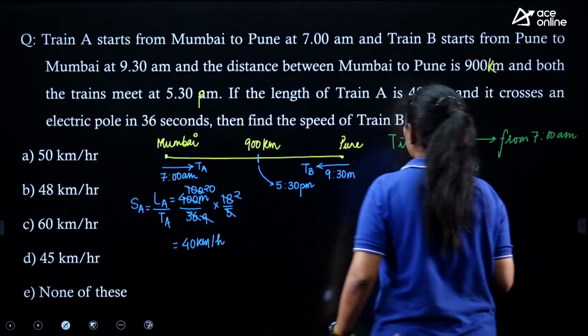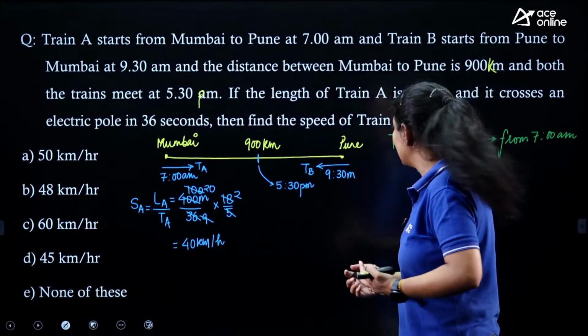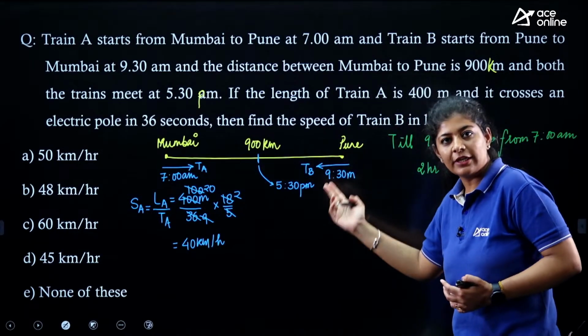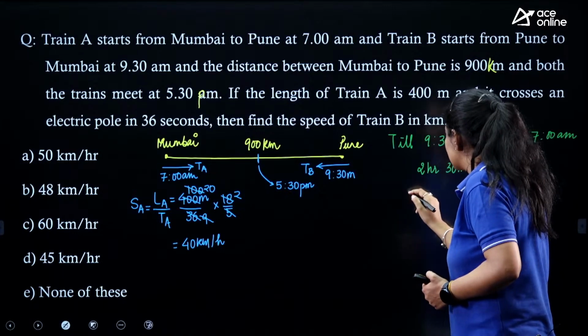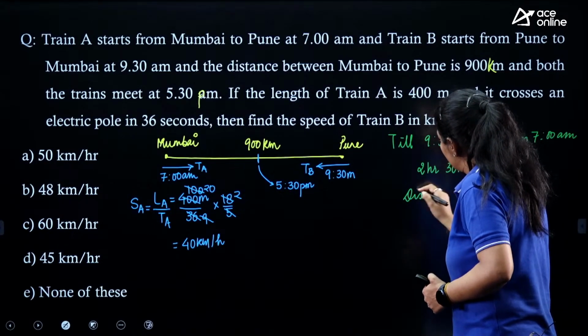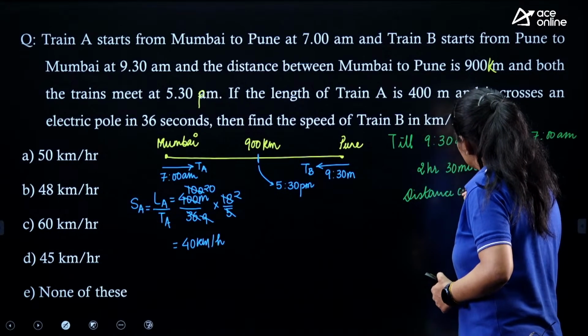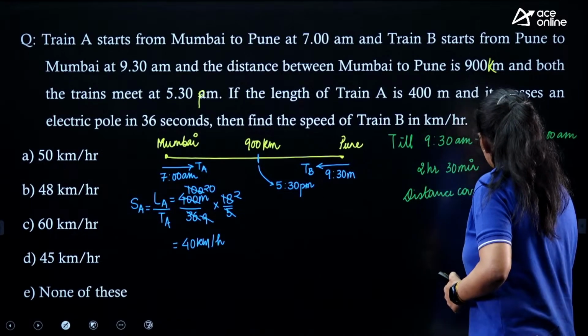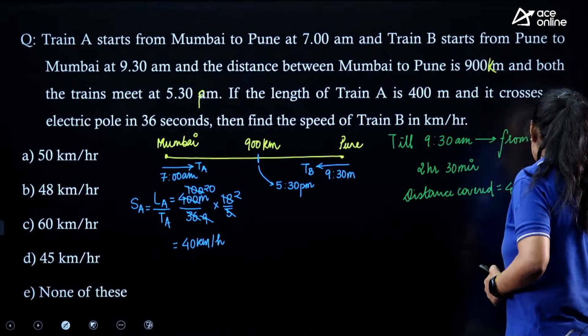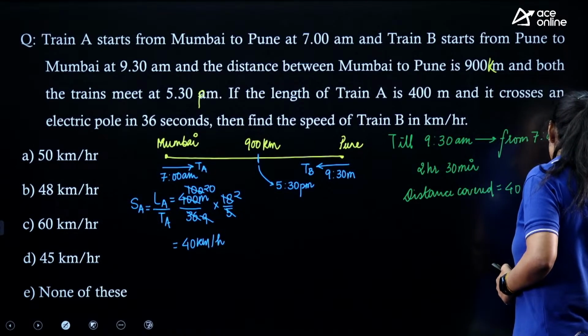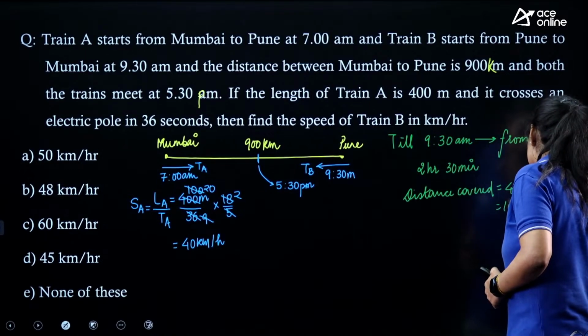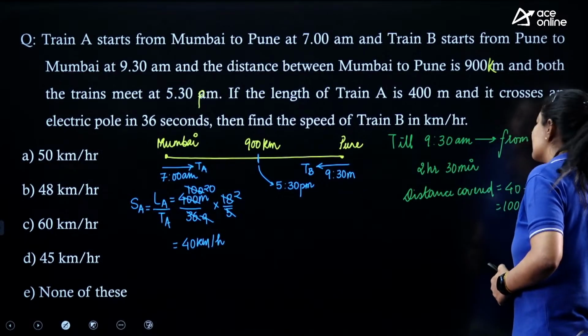In this time, how much distance is covered by train A? So 40 plus 20, that means a total distance of 100 kilometers is covered.